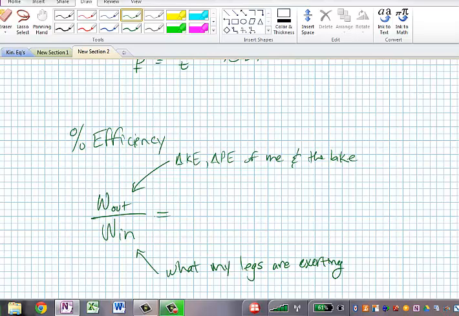However, because of friction and all kinds of stuff, air resistance, and simply other types of inefficiencies, we're not going to get what's known as 100% efficiency. So if we take output divided by input times 100, I will get percent efficiency.